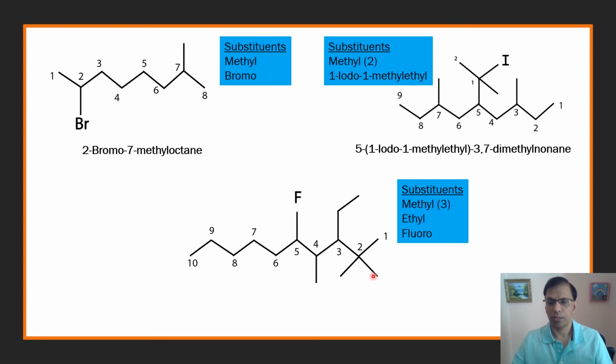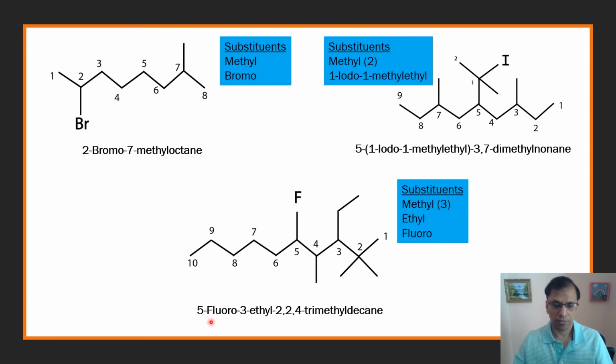So these are 3 methyl, 1 ethyl, and 1 fluoro substituent. And so it's named as 5-fluoro, 3-ethyl, 2,2-trimethyl decane because there are 10 carbon atoms in the parent chain. And the prefix tri is used because there are 3 methyl groups.